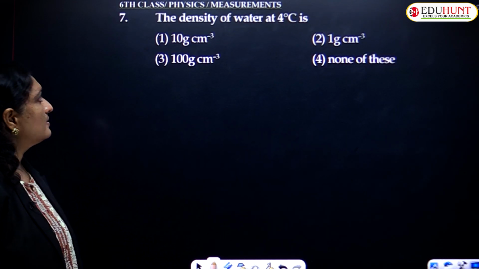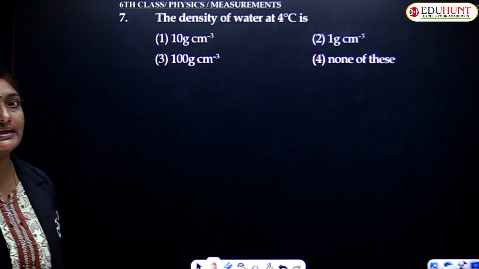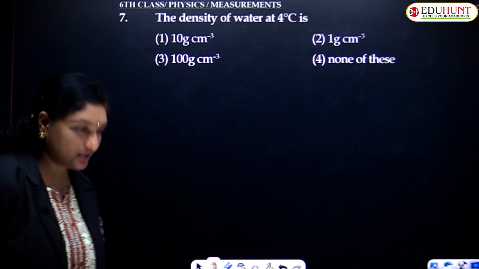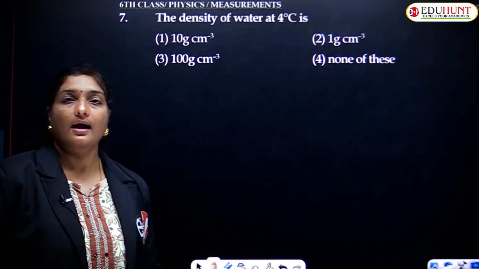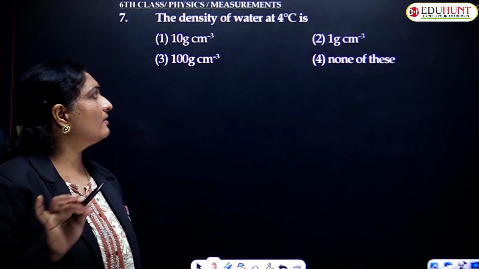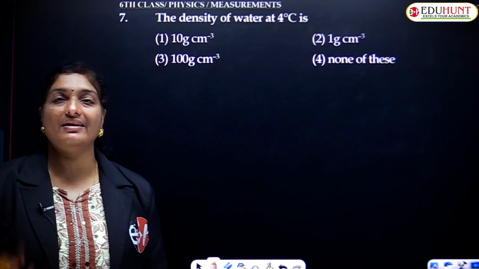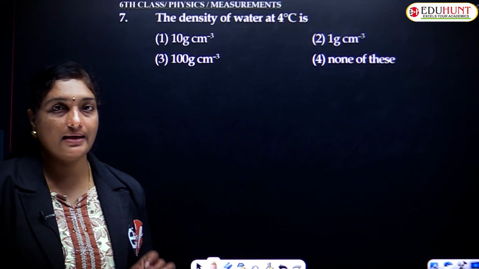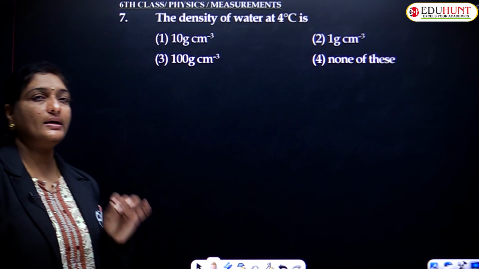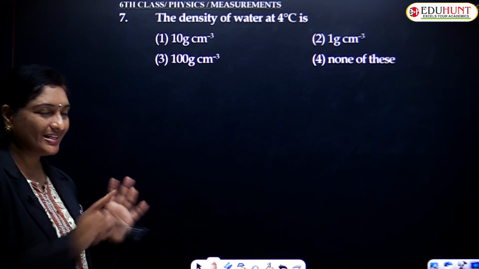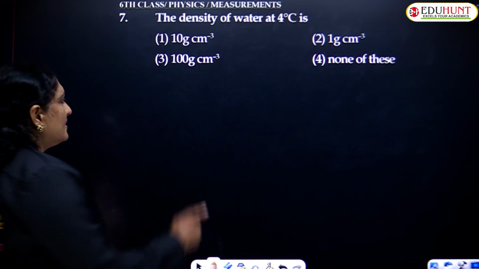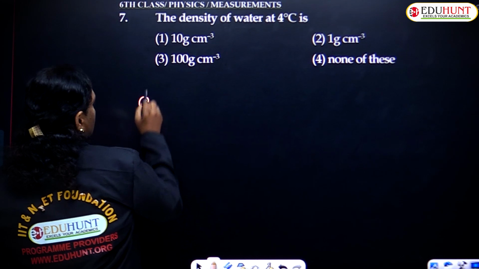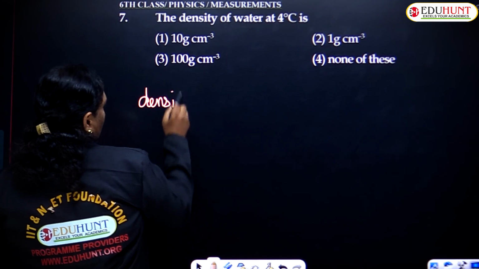Next. The density of water at 4 degrees Celsius is, yes children, this thing I need to tell you that always water at 4 degrees Celsius is having 1 gram per centimeter cube. Children, the density of water at 4 degrees Celsius is a fixed value it is having, and its value is 1 gram per centimeter cube.